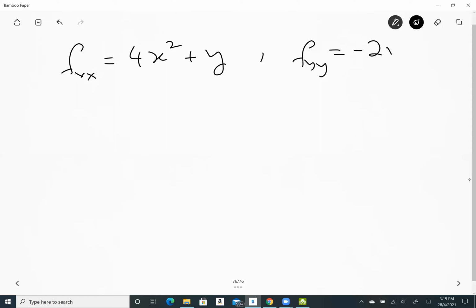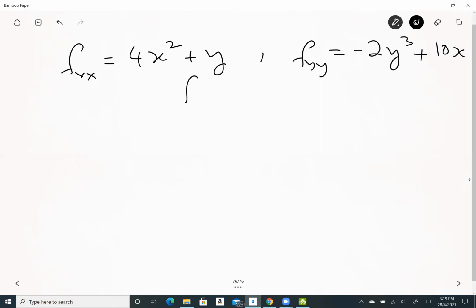So example, let's say I have fxx equal to 4x squared plus y. And then I have fyy negative 2y cubed plus 10x.